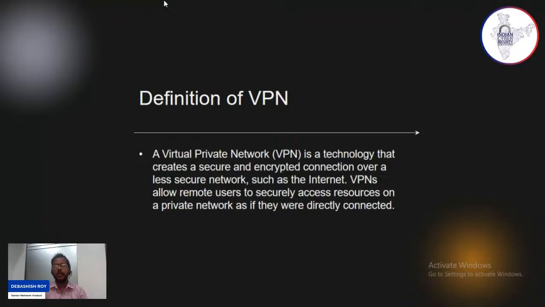So if you are going to encrypt the data, then you should have some encryption protocols. Like the VPN uses the IPsec protocol or the GRE, generic routing encapsulation protocol. Previously, it used to have the PPTP or L2TP encapsulation, these protocols. So VPN actually connects two or more locations together. And if you implement an encryption protocol, then it becomes a secure network.